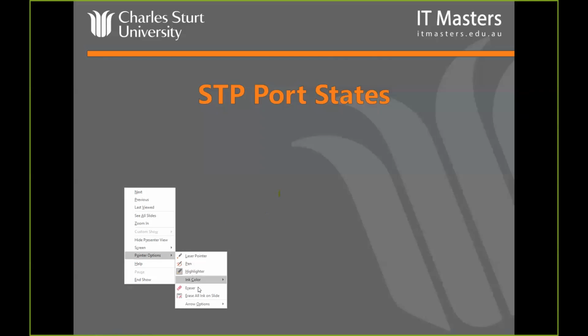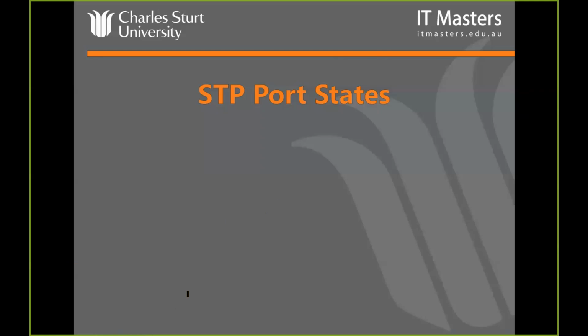While we're looking for that, I got an interesting question from Michael. What happens when the root bridge goes down? That is a very good question. When the root bridge goes down, all the other switches will go through that election process again, and the root bridge will be completely re-elected.